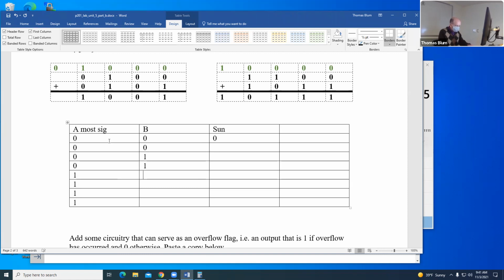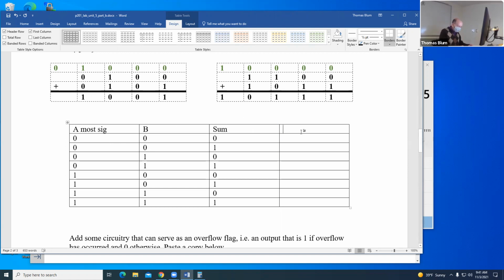Zero, 1, 1, 0, 0, 1, 1, 0, 1, 0, 1, 0, 1, 0, 1. That's not the sum, but the sum. Okay. Most significant, most significant, most significant.